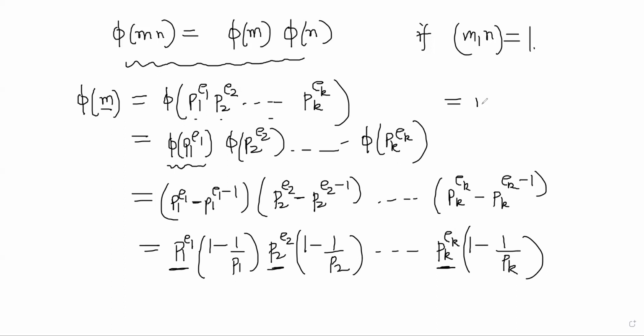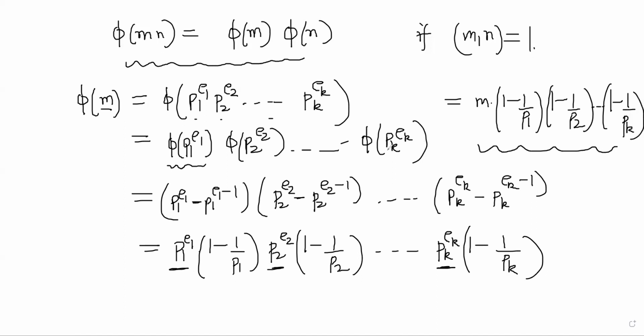So this becomes m times 1 minus 1 by p1, 1 minus 1 by p2, 1 minus 1 by pk. This is the result, a nice looking result. So phi of m is equal to m times 1 minus 1 by p, over the prime factors of m. So that concludes our basic discussion of the nature of Euler's totient function.